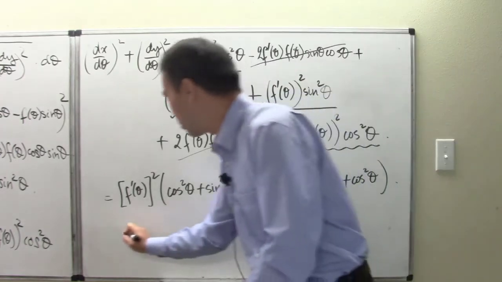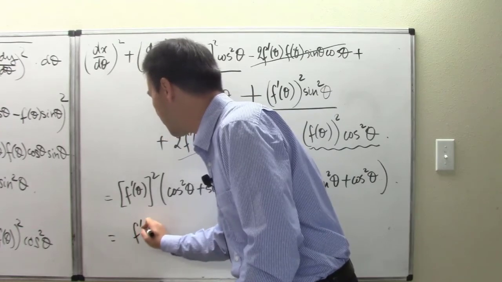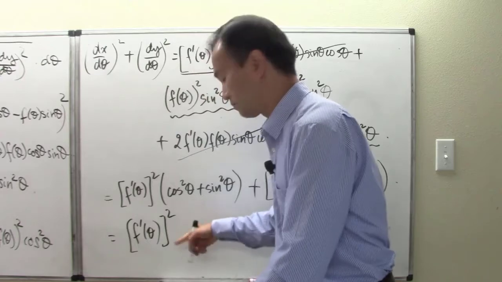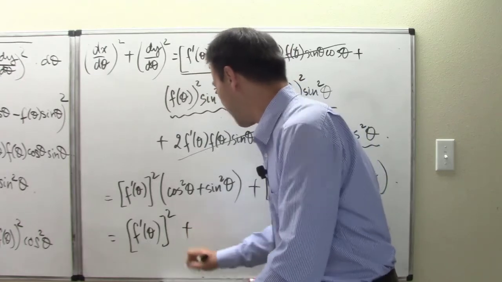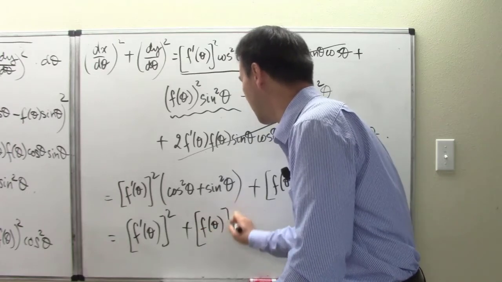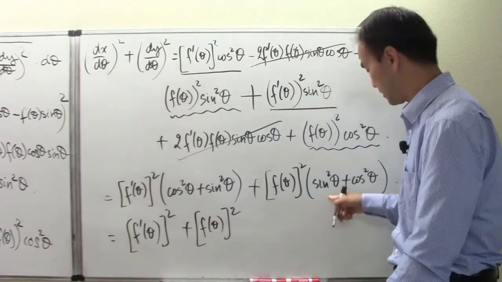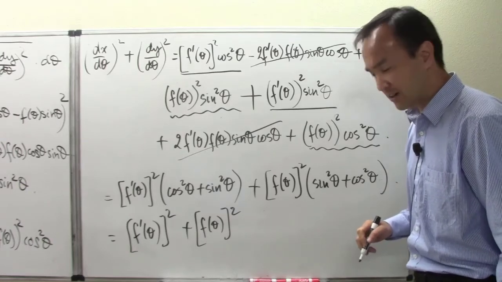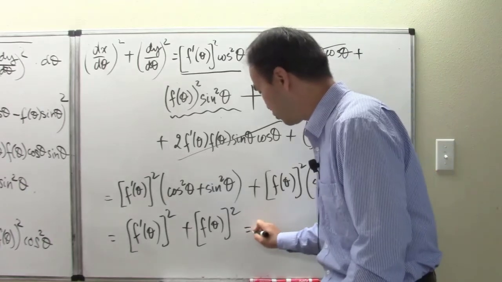So in the end, we break down to f prime of theta all squared times 1 plus f of theta all squared times 1, because that is 1. All right, but I brought this up earlier. What do we recognize about this?